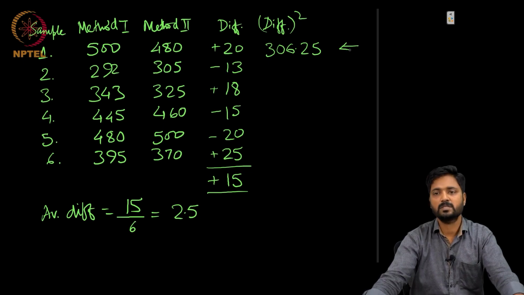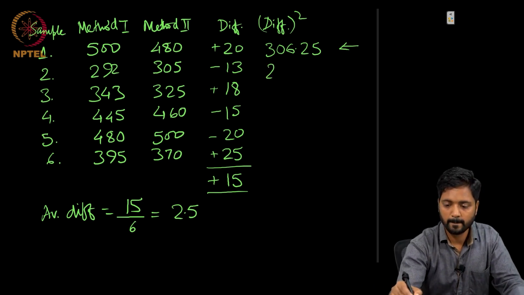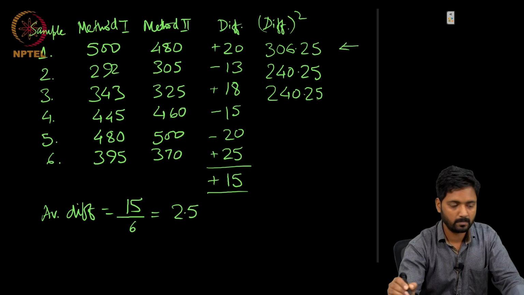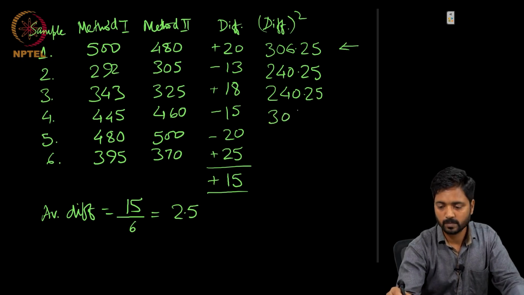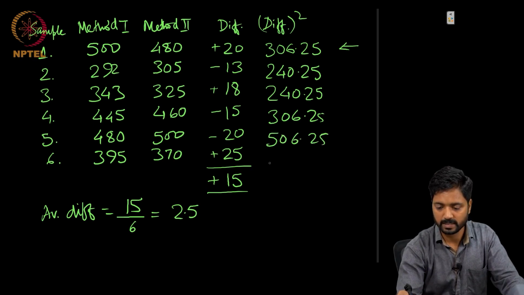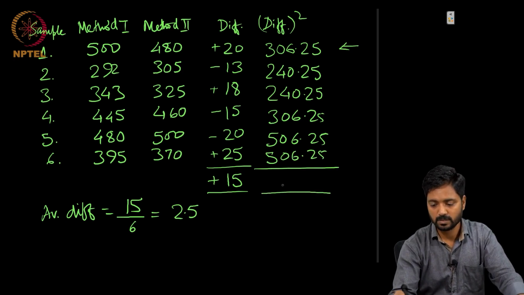When we do this exercise down the table, the numbers turn out to be 306.25, 506.25, and again 506.25, and you can summate all of this to 2105.5.